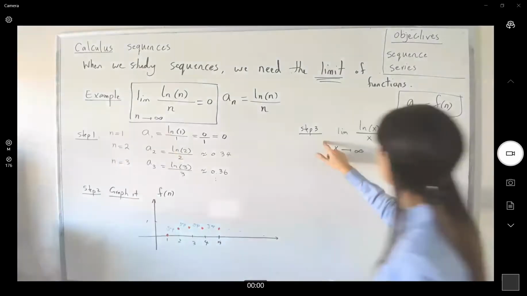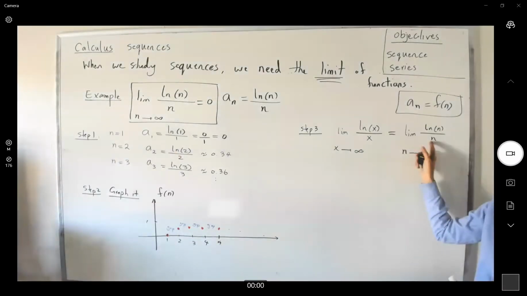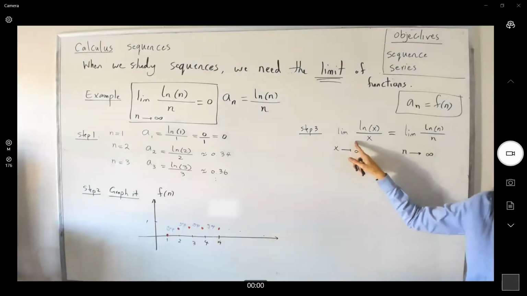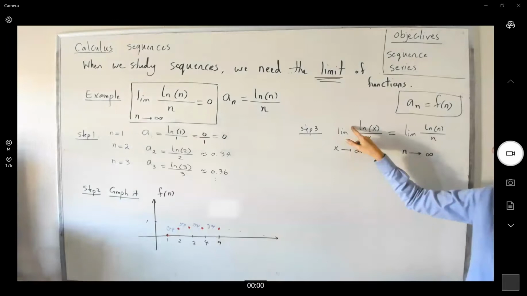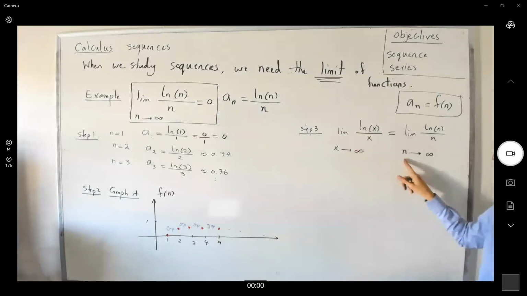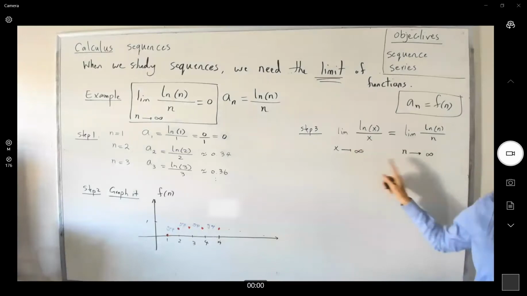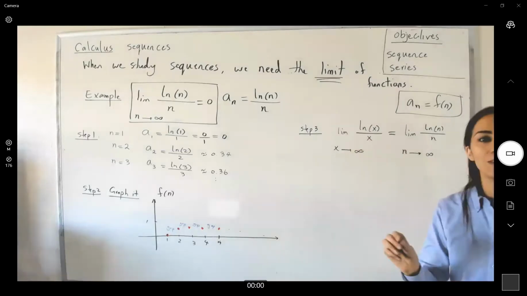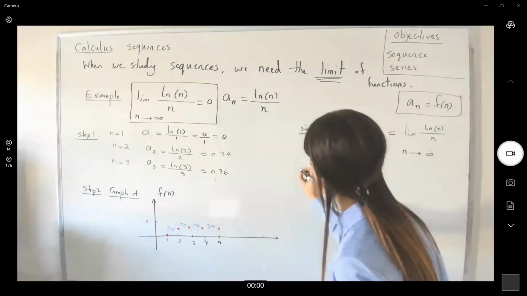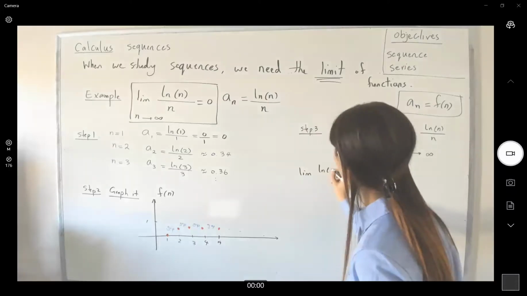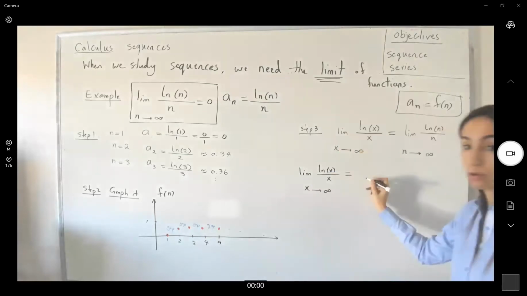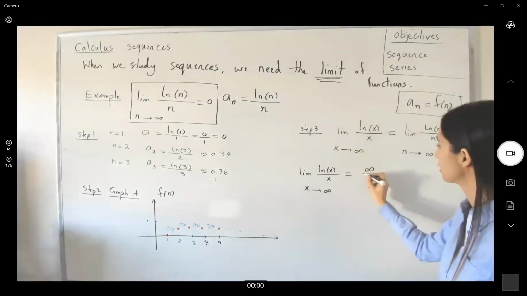Now, to find the limit of your sequence, you can take the limit of the function that you learned in elementary calculus, ln of x divided by x, while x goes to infinity. As x goes to infinity and n goes to infinity, the end behavior of these two functions, the y values at infinity, behave the same. So the limit of ln of x divided by x while x goes to infinity is infinity over infinity.